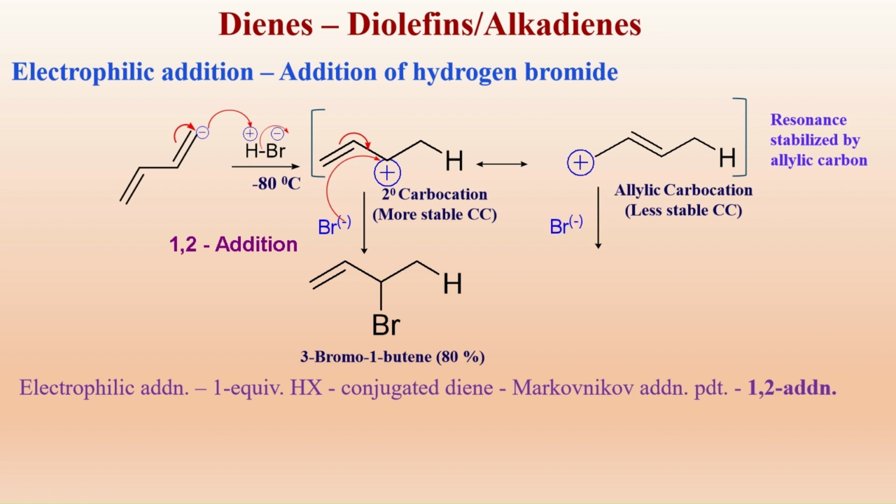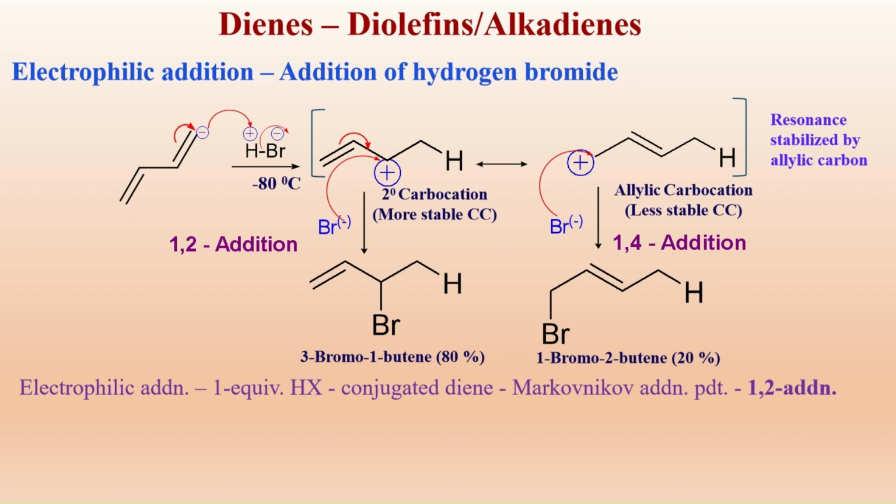And bromide ion can also attack on this positive center, and it undergoes 1,4 addition. At one position H+ is added, at the fourth position bromide ion gets added. I'll get the corresponding 1-bromo-2-butene.